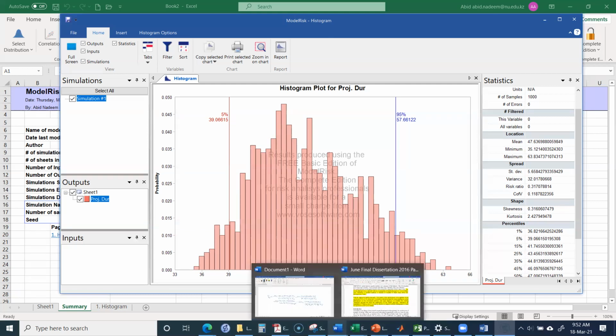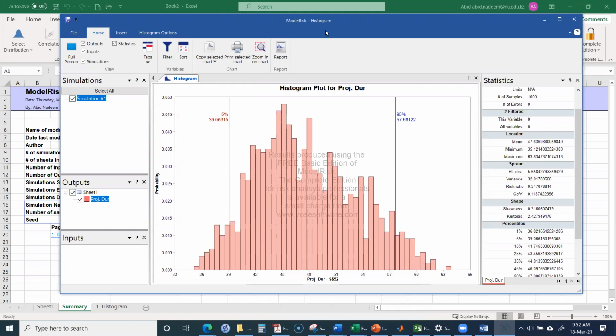I got your point. So you want to say that in triangular distribution you can show the maximum time, the minimum time, and the most likely value. But in the normal you only have a mean and a deviation, right? Yes.